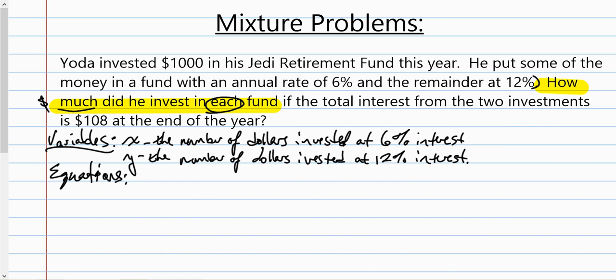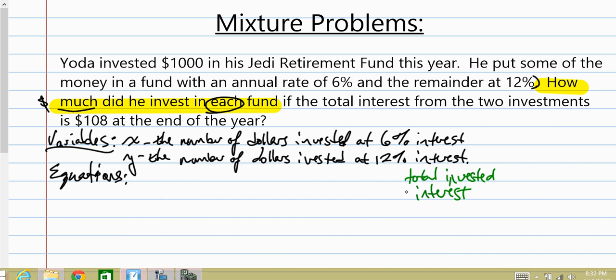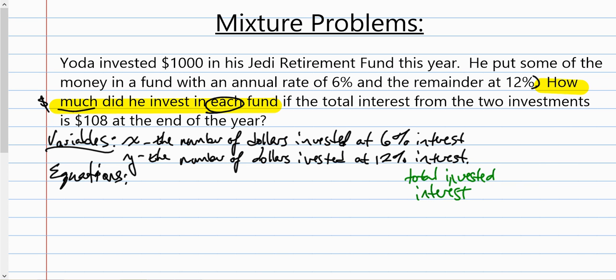We're going to have a total invested, and then an interest equation. The total invested is just like the total amount of coffee or the total amount of solution. That's going to be my x plus y equals, okay, Yoda, how much did you invest? $1,000. Again, I do not know Star Wars currency.